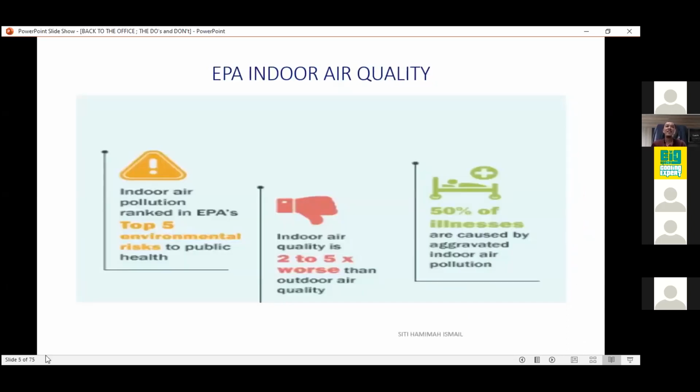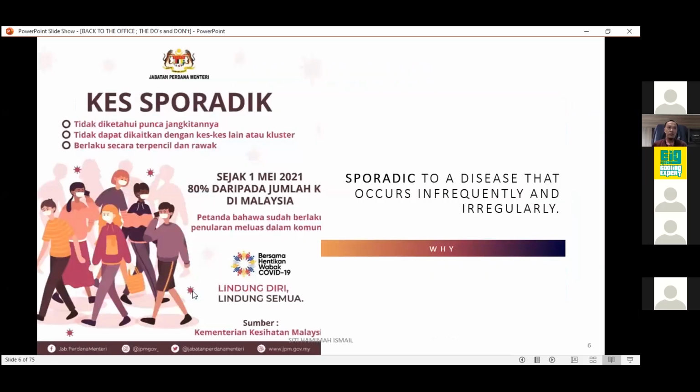Okay, so dekat EPA, IAQ ni sebenarnya dia dah rate as top 5 environmental risk to public health. So dia sebenarnya 2 to 5 times worse daripada outdoor air. 50% of the illness caused by the aggravated of indoor air pollution. So when you talk about indoor air pollution, last time we only have few, but now with coming pandemic issues, we have lots of issues dengan virus.